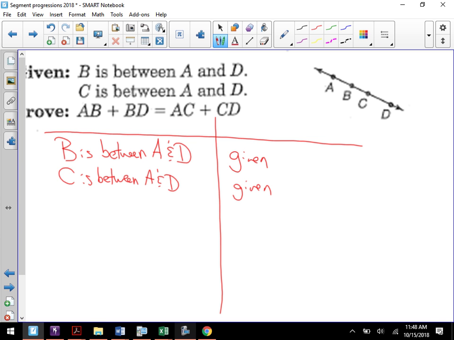So we have to look at what they're trying to prove. They're trying to prove that AB plus BD is the same thing as AC plus CD. So look at what they're doing. AB plus BD, AC, and CD.